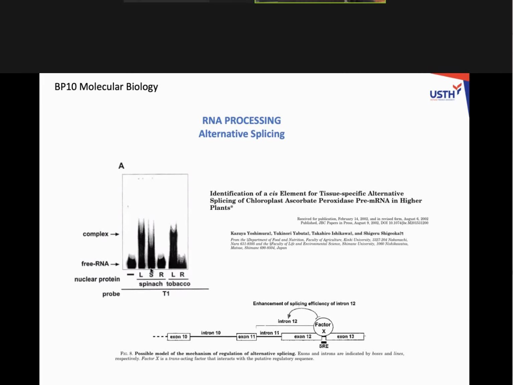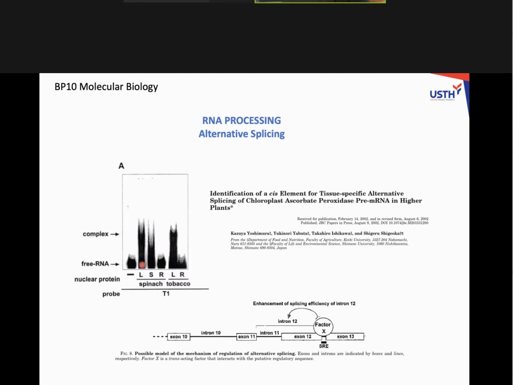Okay. So how can you analyze this type of figure? We know the size of migration of the free probe, and what we see, I put the red one, is that if we use protein extract coming from leaves, either from spinach or from tobacco, both of them, okay? You see that the probe is still here in all the lanes. It's normal because we put a lot of probe. It's always in excess.